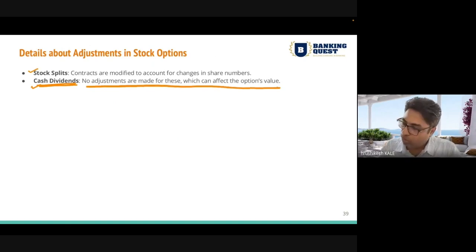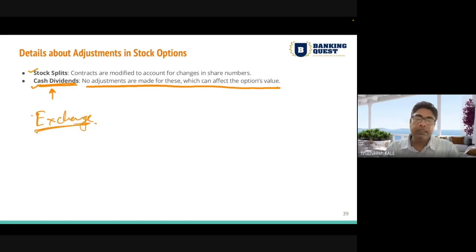If you want to make cash dividends relevant, you need to make a change in your own model. And no exchange changes the specification of an option for cash dividends.